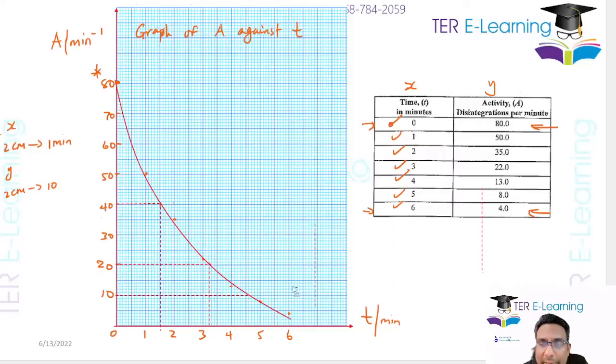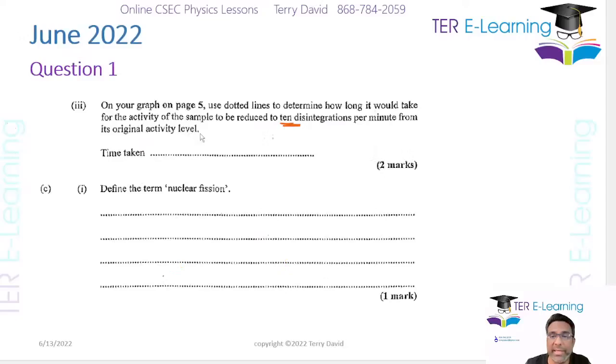According to my graph, I'm getting about 4.6. So it depends on your graph. Here, you're getting 2 marks just for saying 4.6. And that's it.